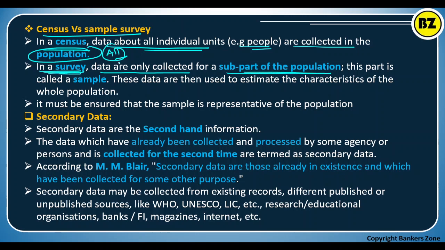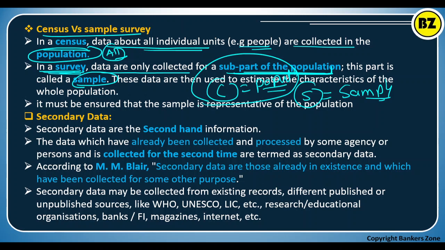A survey is not for all, it is taken on a sample basis. It is a subpart of the population, and this is nothing but the sample. So what you have to note here: census is the population, and whatever survey you are doing is only the sample.